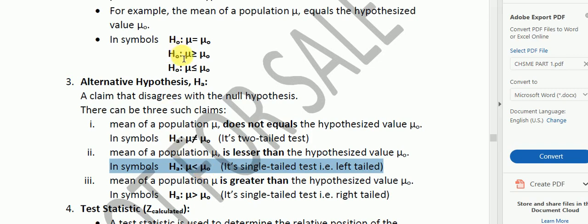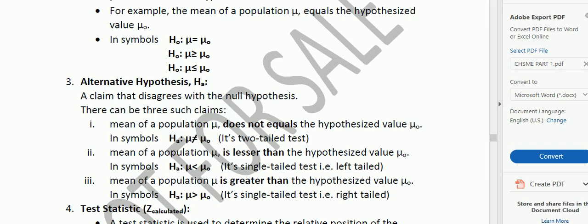But if mu is smaller, only then it gets rejected. If it's greater, it is not rejected. So only one side of the tail is involved, as compared to the other test where both sides of the tail were involved, because even if mu is greater or smaller, in both cases the null hypothesis gets rejected, because the null hypothesis states that mu is equal to mu naught. So that's the difference between a single-tailed and a two-tailed hypothesis testing.